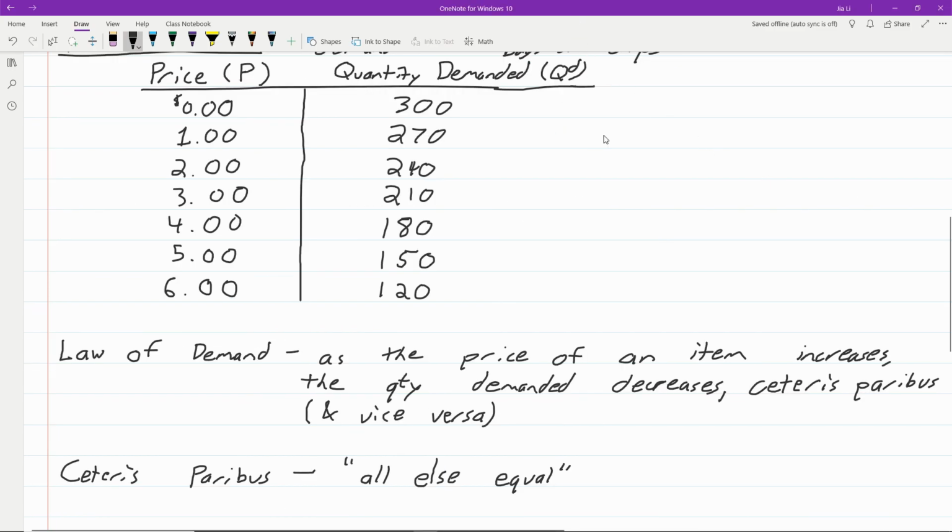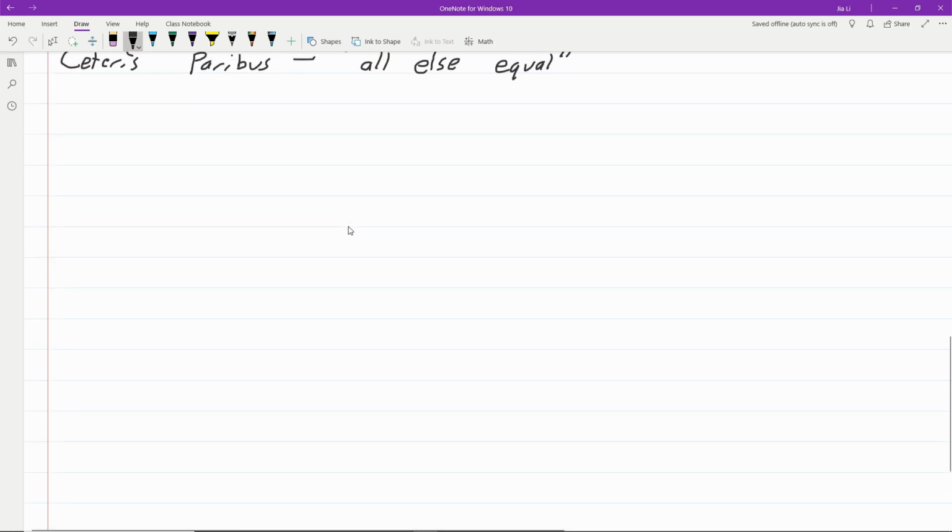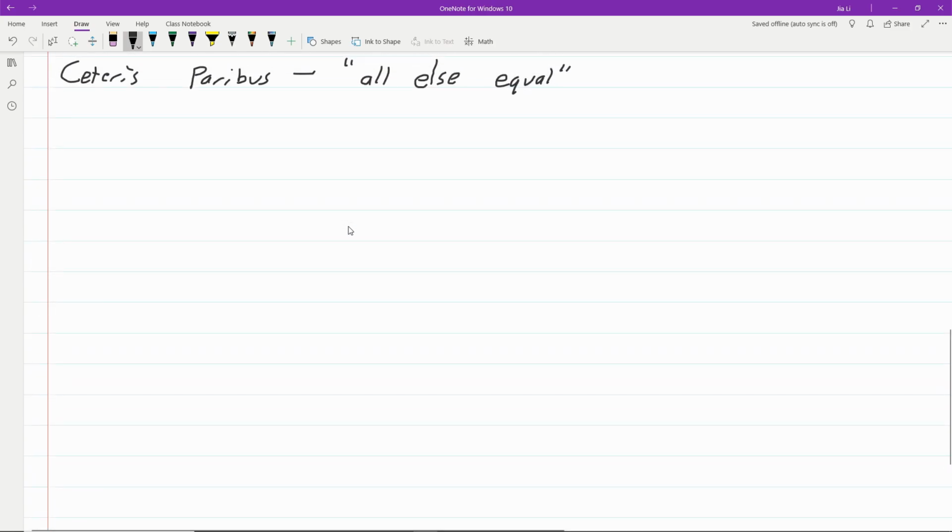Okay, now the next way to model demand is the demand curve, which, as I said from before, is just a graph.